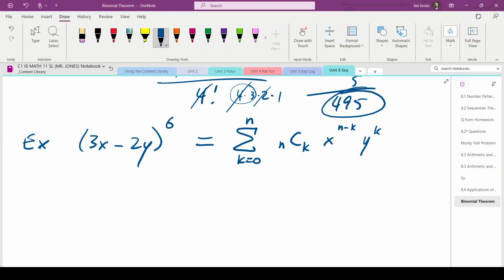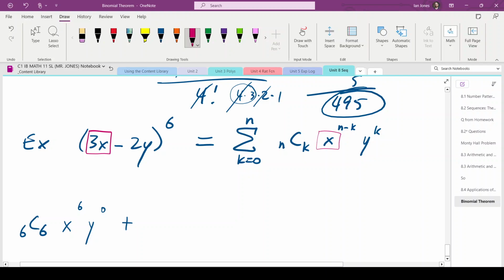Okay, so this is saying that I have 6 choose 6, x to the 6, y to the 0, plus, and I carry on. But I've got to be careful here. This 3x is what my x is.